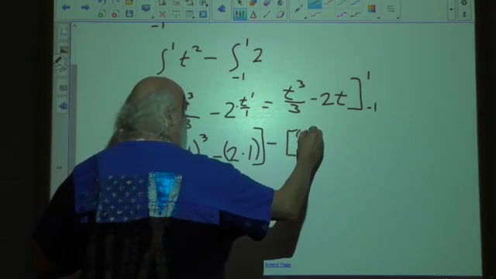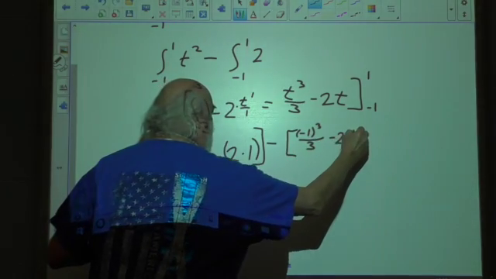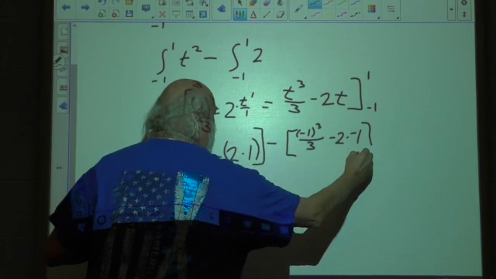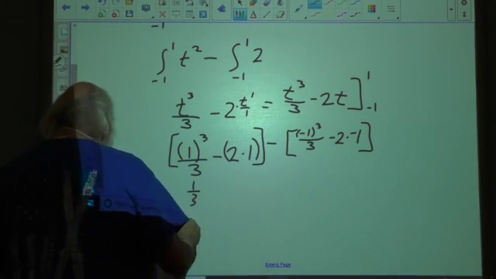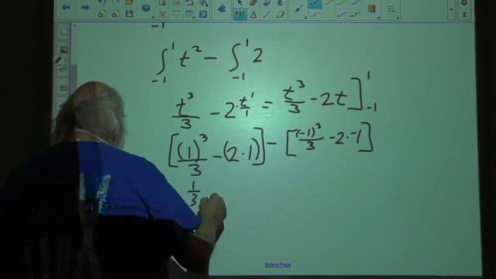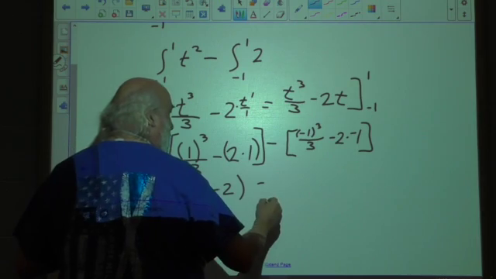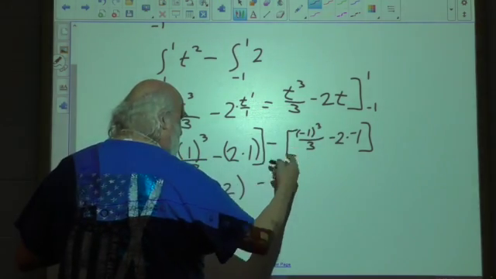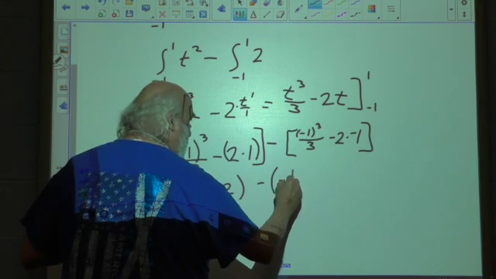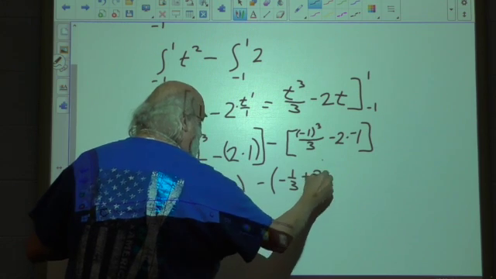So it's -1 cubed over 3 minus 2 times -1. Well, this is going to be 1/3 minus 2, minus, and -1 to the third power is -1, so that's -1/3. And -2 times -1 is +2.